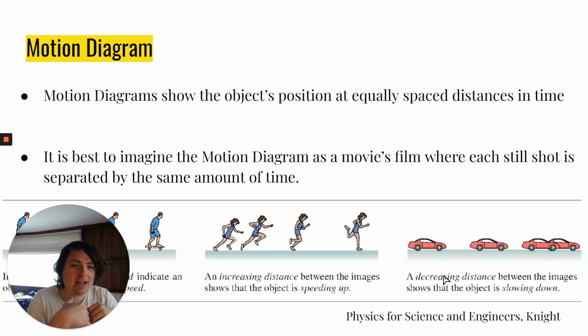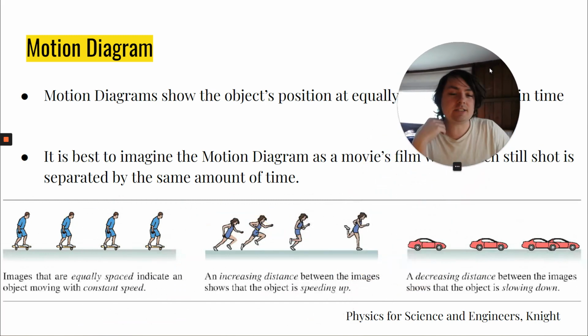The way that I think about this is that I have a movie film. Each still shot is of course taken by the movie camera at a set equal space in time. So if something's moving, we know that we can count on the time always being equally spaced.